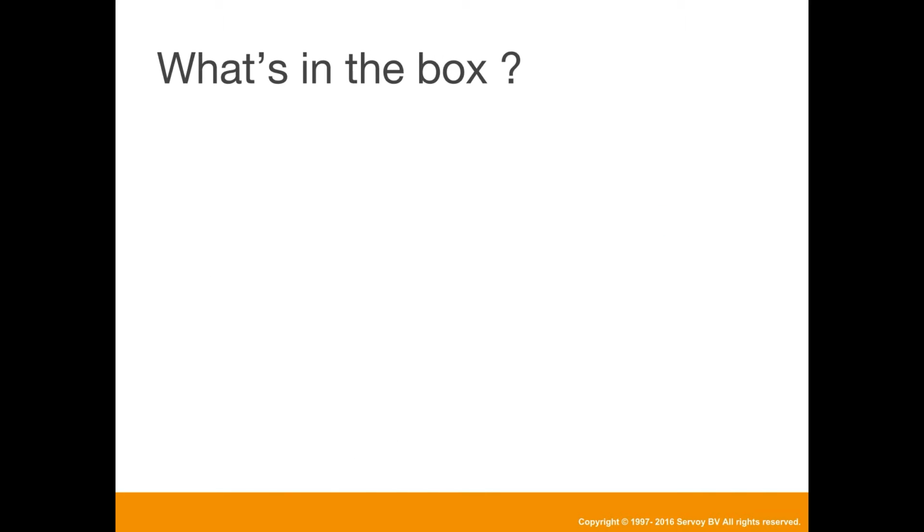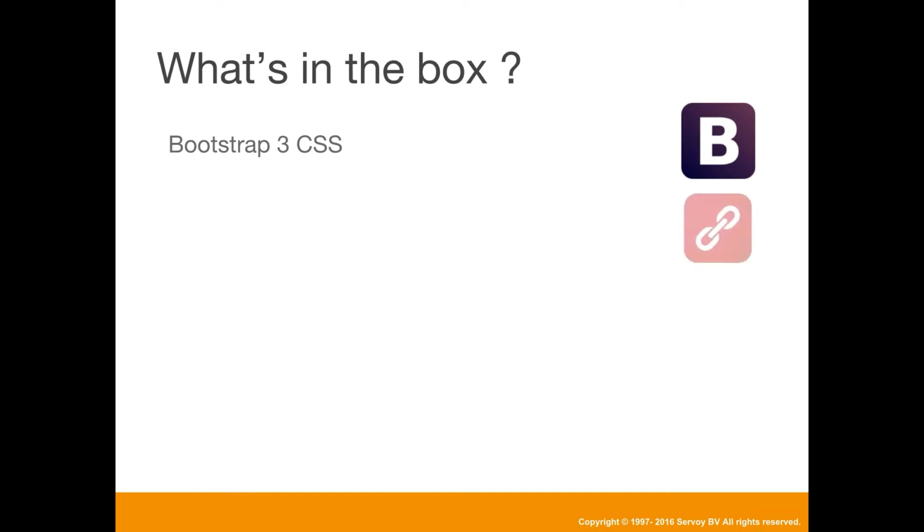So what comes in the box with the NG client as far as CSS goes? We ship Bootstrap 3, so all of that CSS is available. We also ship the glyph icons, which are, if you're unfamiliar with glyph-based fonts, it allows you to, instead of doing images, it allows a developer to provide icons in the form of a font so that they can be stylized, like making the font size bigger or the colors and background colors.